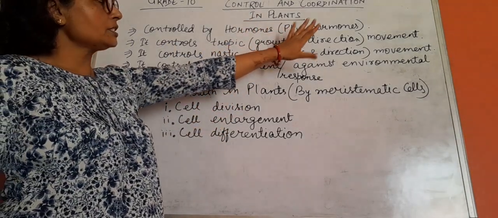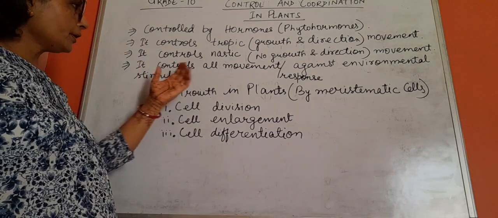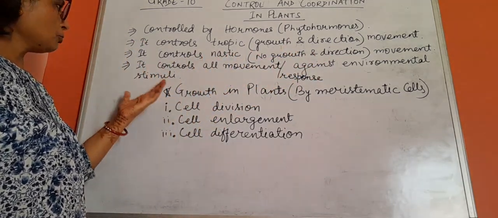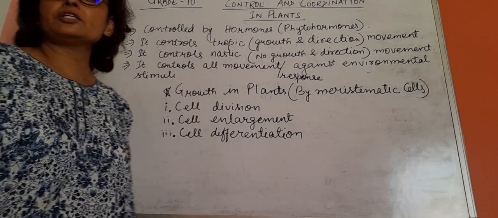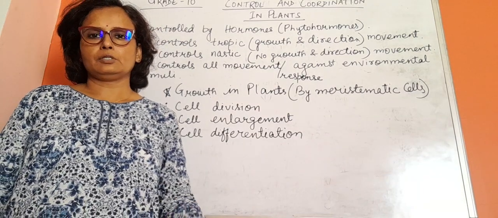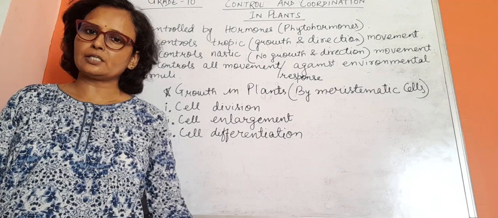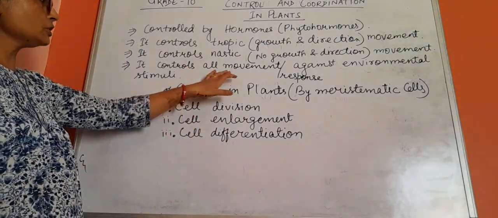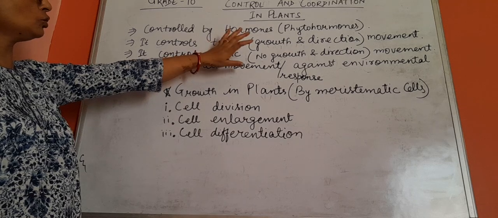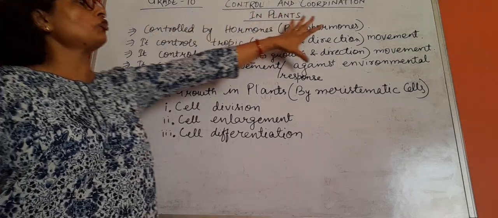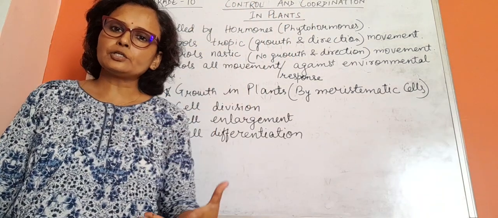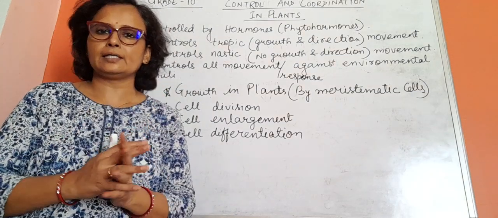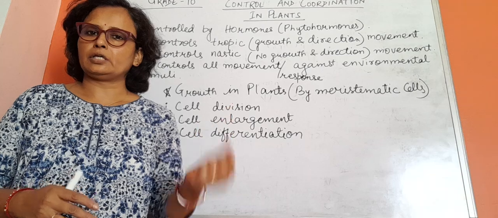All these movements, which are responses against stimulus or environmental factors, and growth are controlled by hormones called plant hormones. Basically they control everything in the plant.